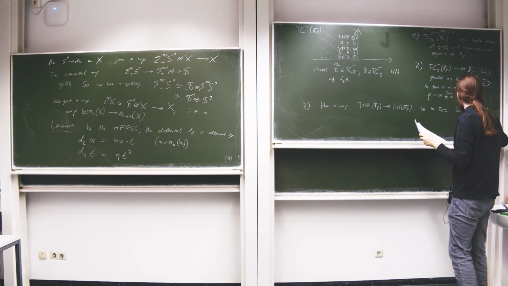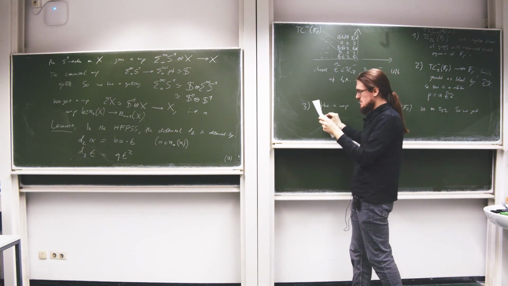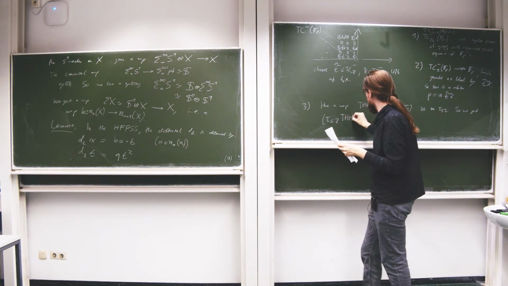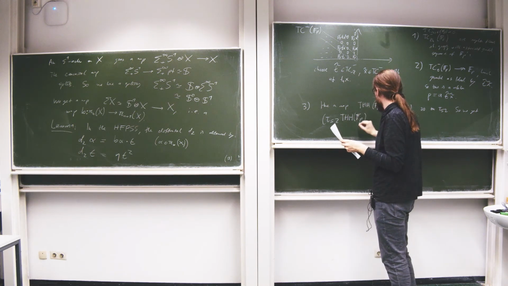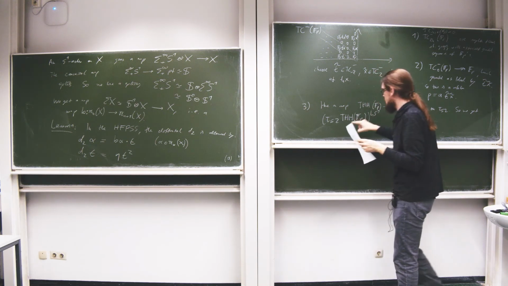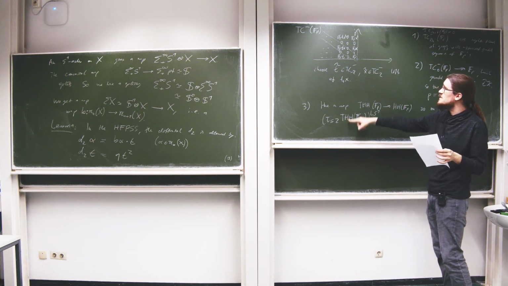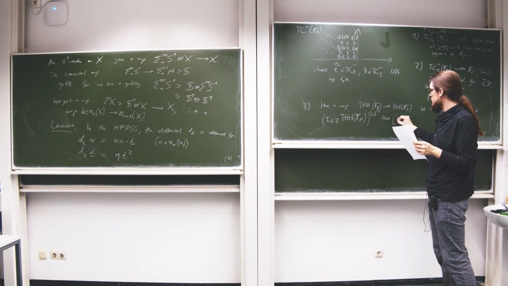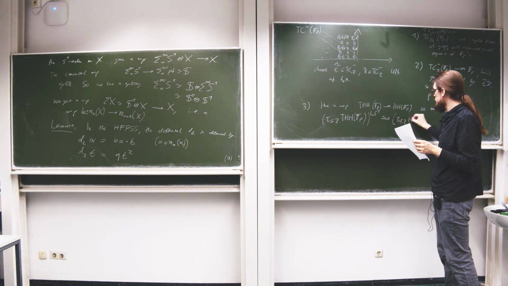So we get an equivalence between the homotopy fixed points on this truncated THH, which just has pi 0 and pi 2, and the same thing for HH.